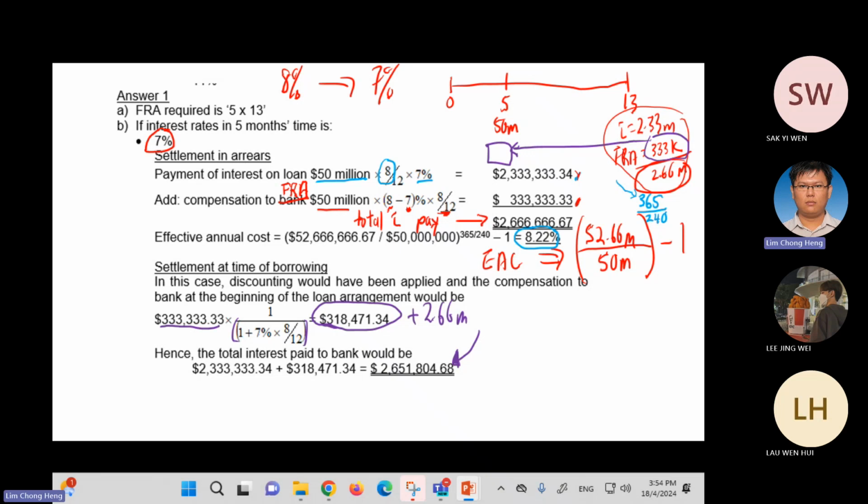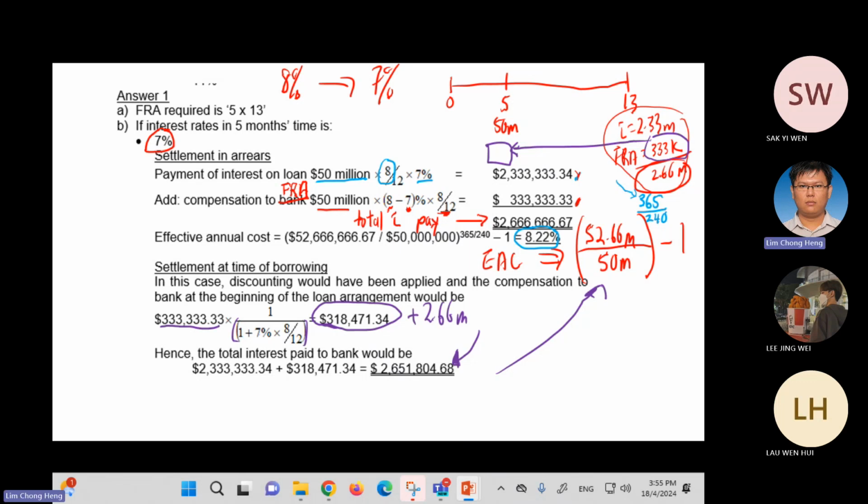And in this situation, if the question asks you to calculate the effective annual cost, you're using this method. Okay. So, any question? No question.